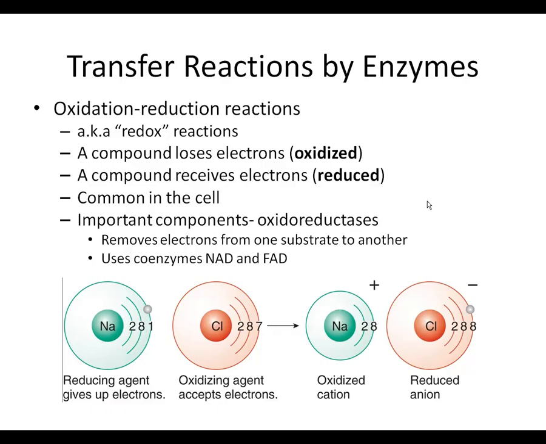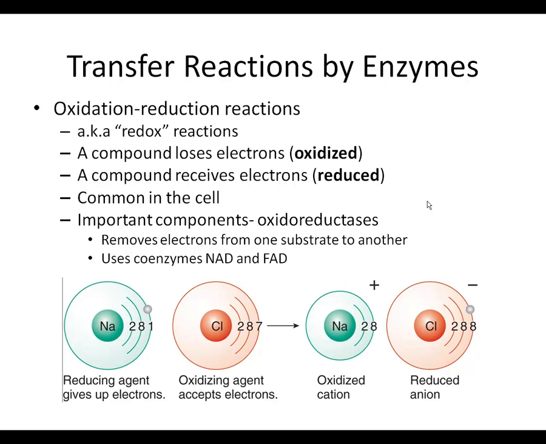One of the reactions that we need to understand that enzymes do, and this is basically in all of metabolism, are these reactions that we call oxidation reduction reactions. These are also known as redox reactions. Basically, in an oxidation reduction reaction, a compound is going to lose an electron, and that compound then is going to be oxidized.